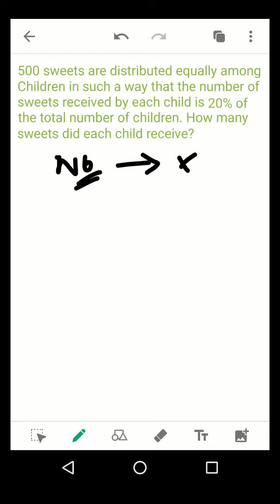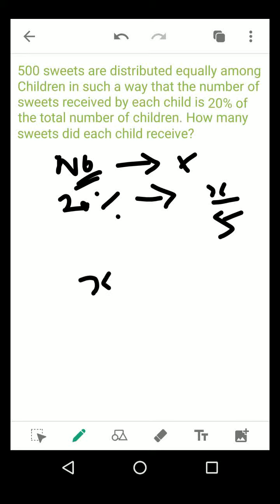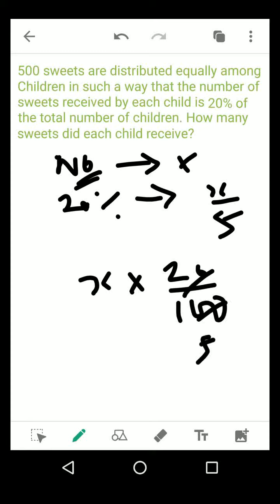That is x into 20 by 100, that is 1 by 5. So it will be x by 5.